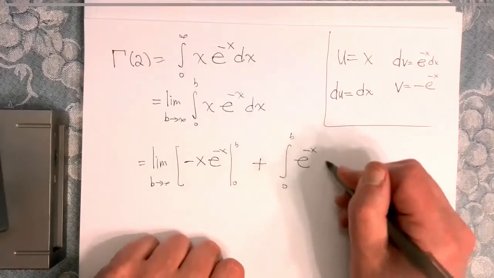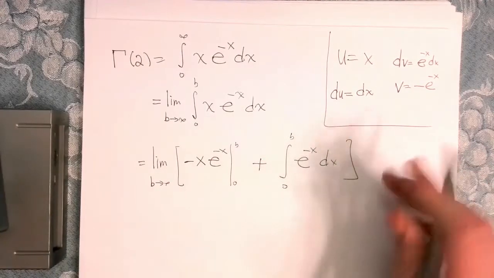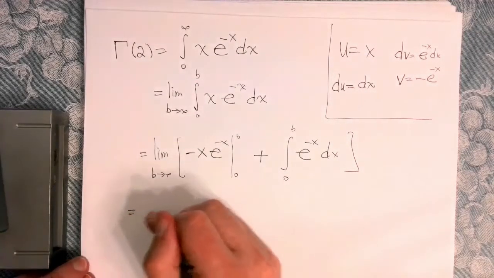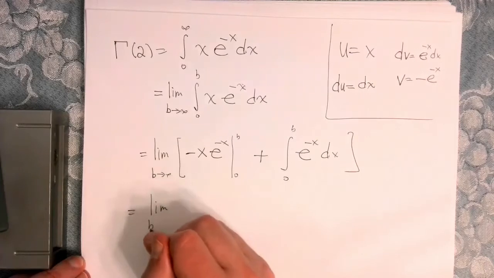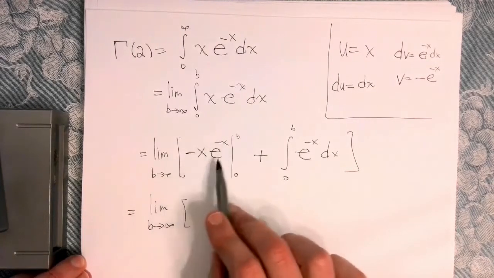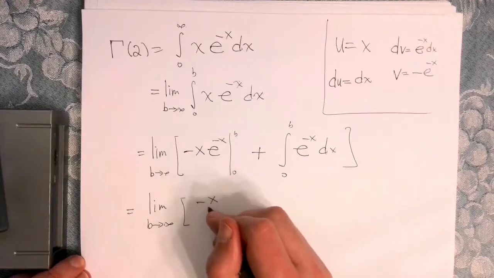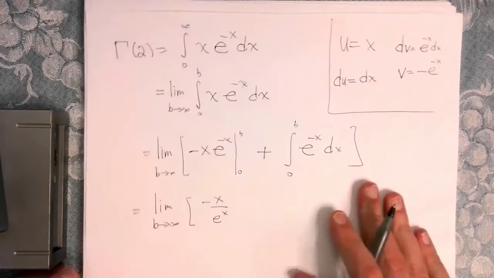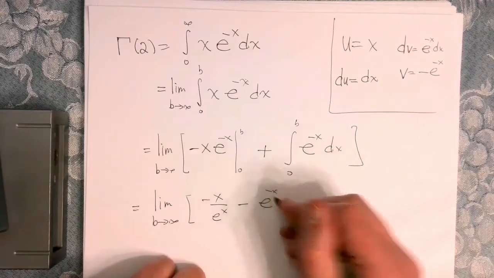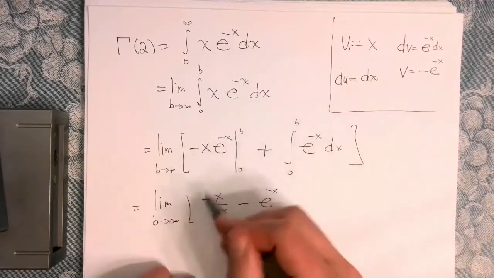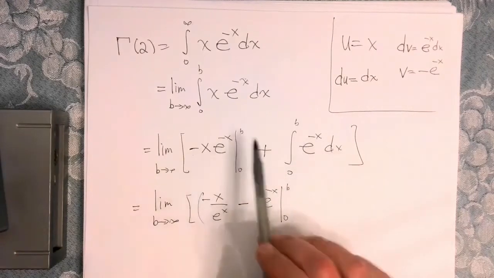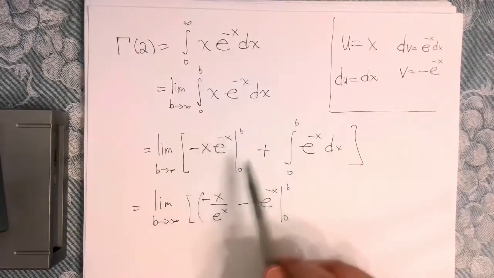So v du. Okay, so I'm going to integrate that. I can rewrite that as minus x over e to the positive x. Now, if I integrate this, I'm going to get a minus e to the minus x. And I can actually write this with a single evaluation bar. I don't want to write this without an evaluation bar. That'd be incorrect.